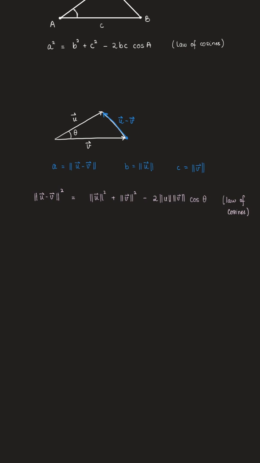But to do that, there are a couple of properties that I will be using. One of the properties that we saw in the previous video that will be useful here is that the magnitude of a vector squared equals the dot product of the vector by itself. So we're going to apply that to expand this expression.